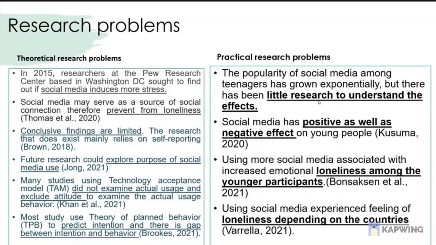And practically they find out that using social media is associated with increased emotion and loneliness among young participants compared to older adults, right? And besides that, the feeling of loneliness from using social media depends on the countries as well. So these are some of the practical research problems that have been found out, right?